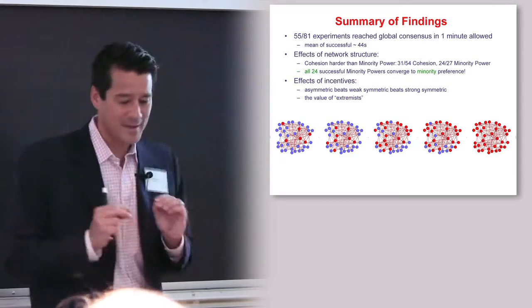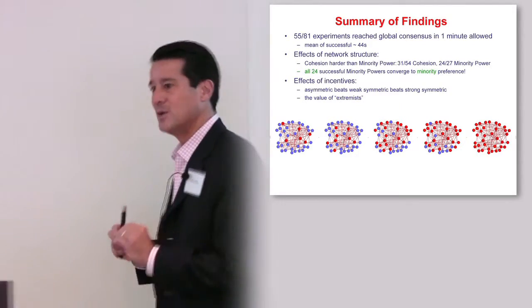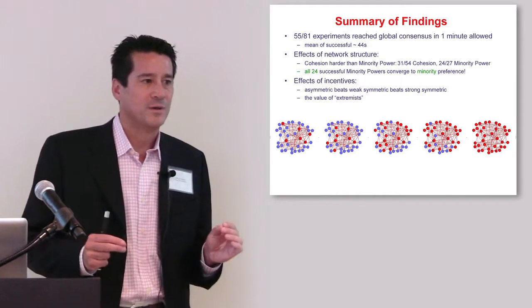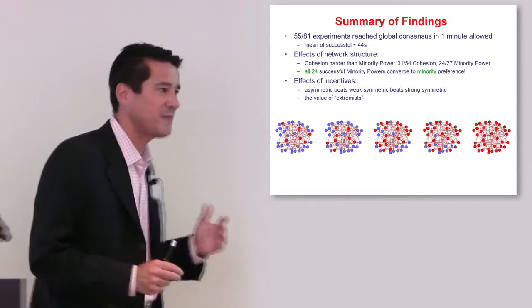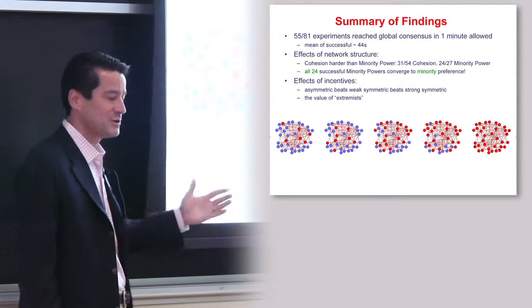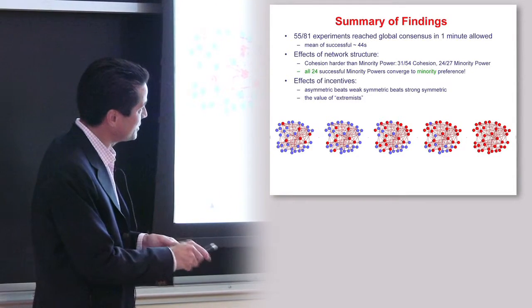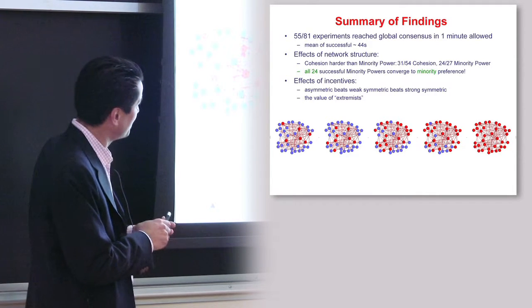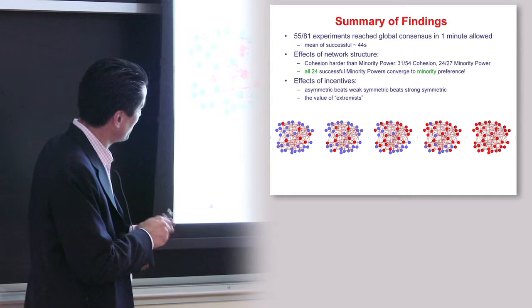Okay? And again, I want to emphasize that nobody knows their position, right? The minority don't know that they have this special network position. And in fact, if you go look at the data, you'll see them kind of exhibiting uncertainty about it. So this is actually showing you a series of screenshots of play during a successful experiment. So here's sort of the red minority marked at the beginning.